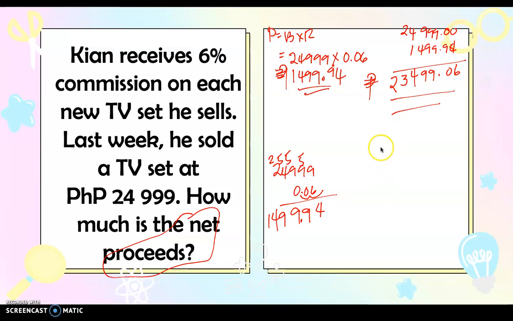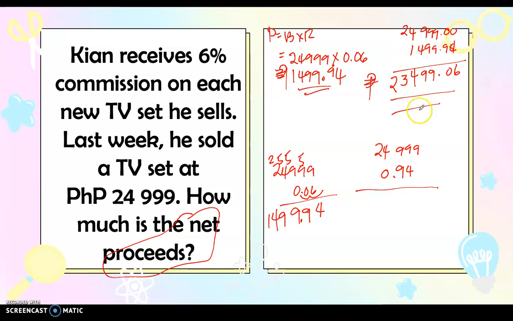Or you can just multiply right away 24,999 times 94%, or 0.94, because the rate of commission is 6%, therefore the rate of net proceeds is 94%. So you don't need to subtract the commission from the total sales.